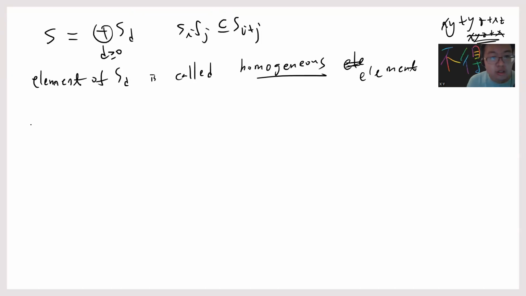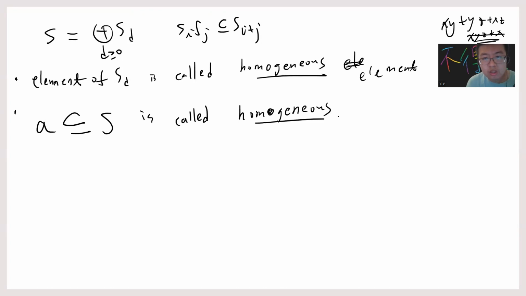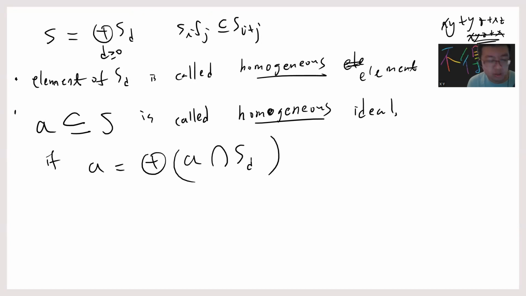Okay, and we have another important quantity. If A is an ideal of S, it is called a homogeneous ideal if A is a direct sum of A intersected with S_d. Okay, this definition is somehow hard to understand.